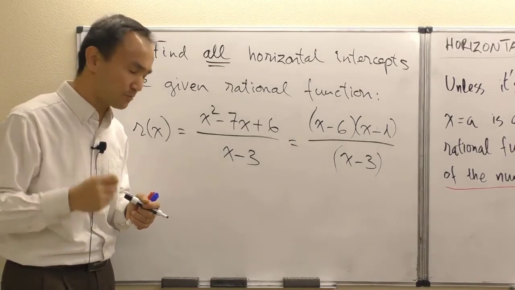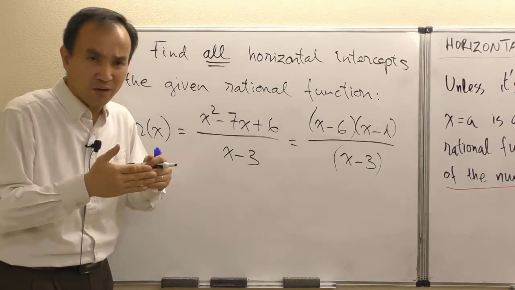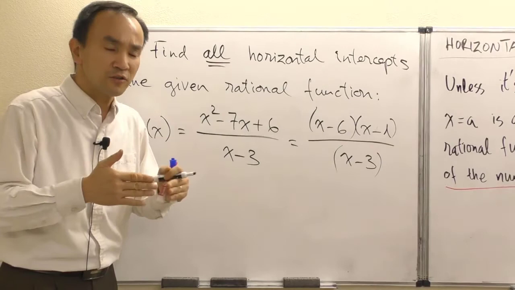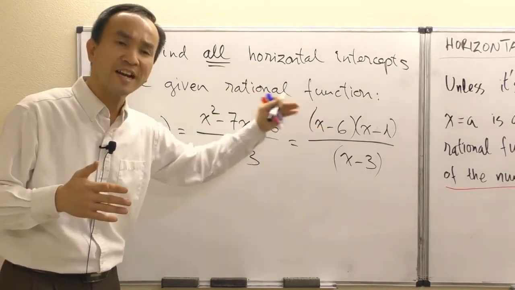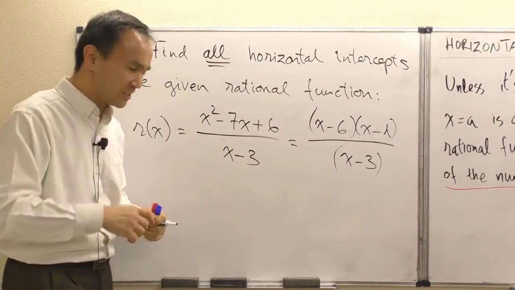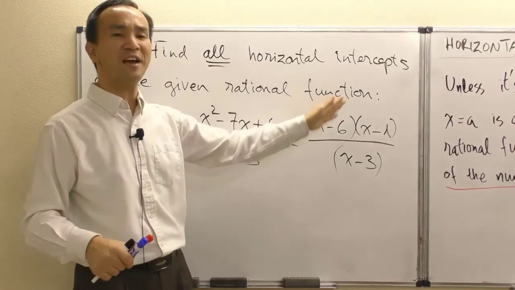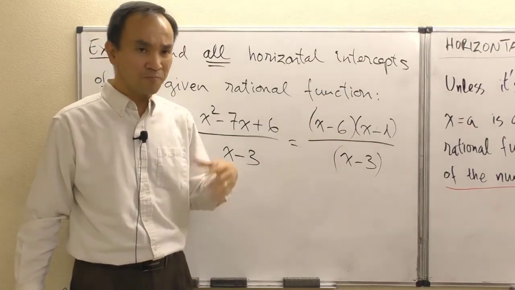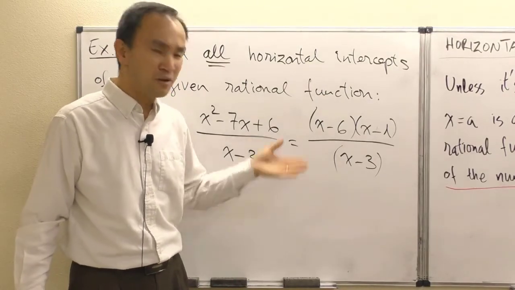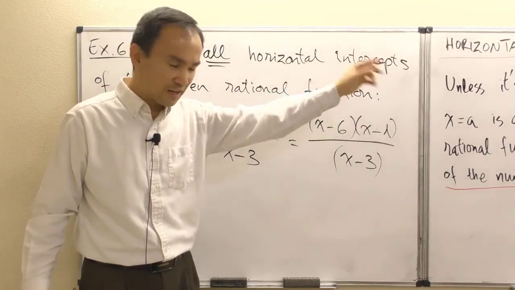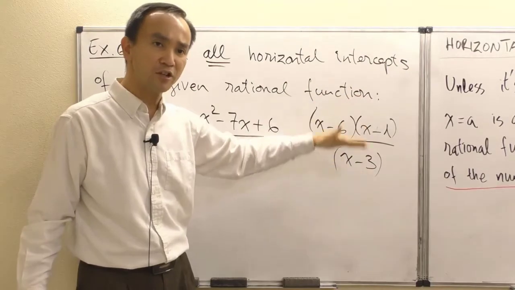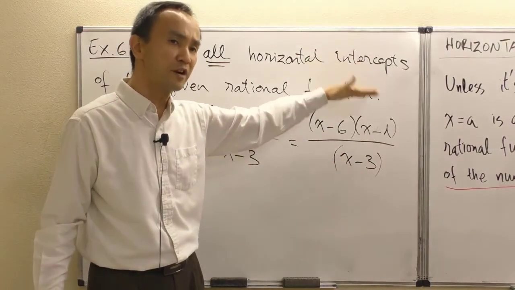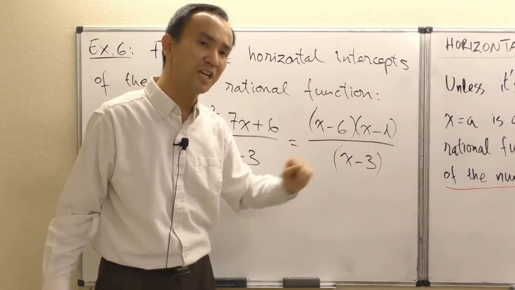That means in the end we still have to find zeros for both numerator and denominator. That's the reason why it is highly recommended that we factor completely both numerator and denominator, because for the method based on this generalization, we need to list down completely all zeros of the numerator and zeros of the denominator.